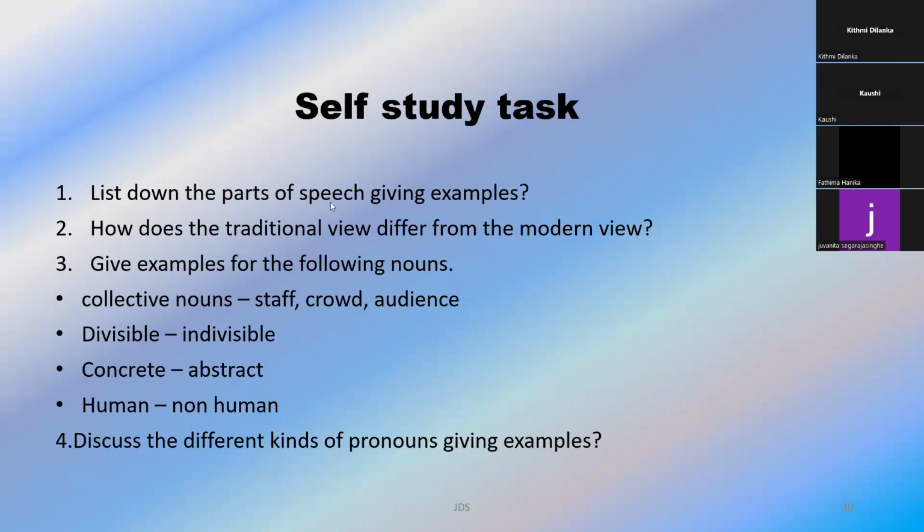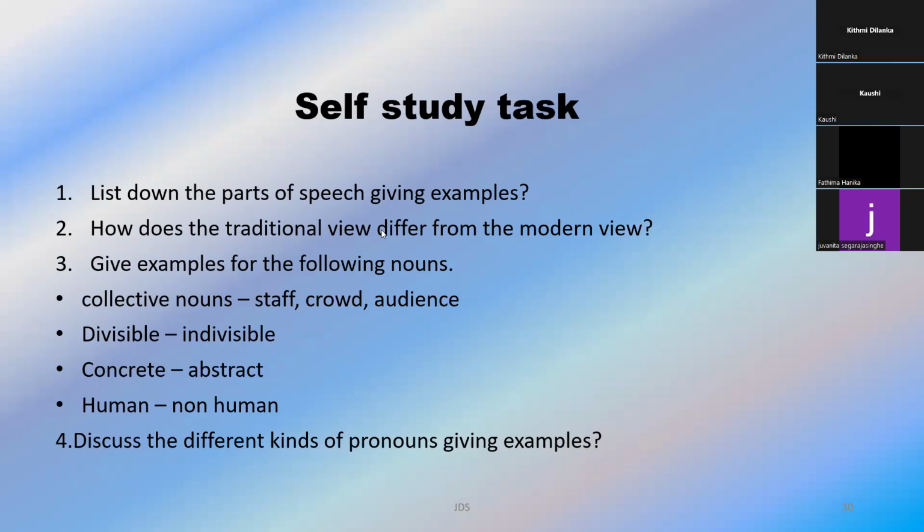Parts of speech? 8, right? If they had asked list down the word classes, you would have written 9. Here it's about parts of speech, traditional view. So traditionally speaking, 8 categories, all those 8 along with examples, 2 examples for each.